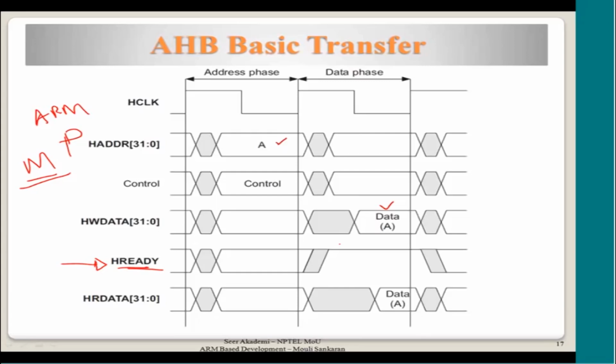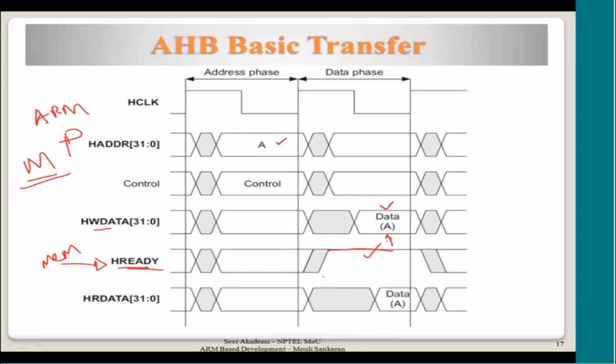So the slave is a memory, correct? It wants to write the data into the memory. So the memory has to tell whether it is ready to accept the data through HREADY, a positive value. When it becomes high, it means it is ready to accept the data. So when this is made high, then the data is put.